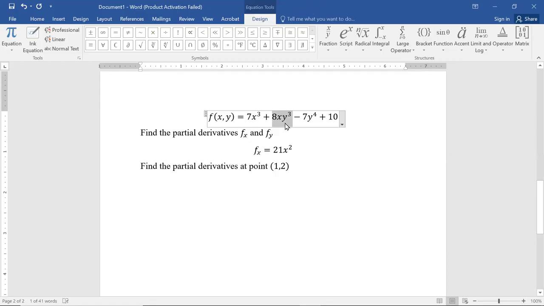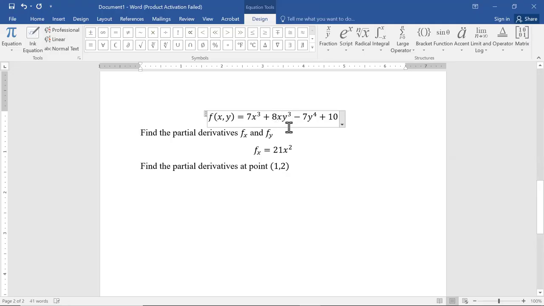But remember, my y's here are going to be treated as a constant. So this y to the third term is essentially acting just like the 8 is in this term, or just like the 7 did in this initial term. This y to the third is just a number that's being multiplied by 8x.